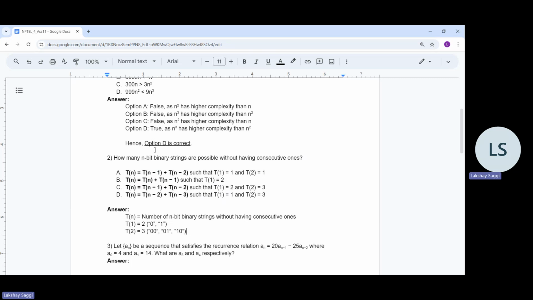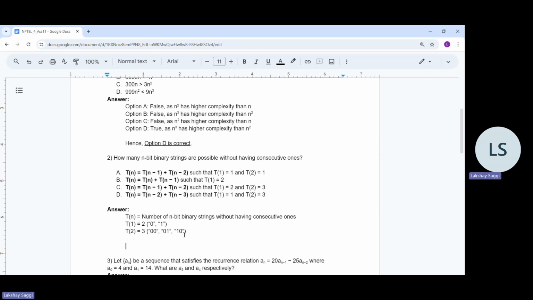How can we define this recursively? What we can do is denote the n-bit string as A1, A2, A3, up to AN, the n-bit binary string we are looking for, where all the AIs are 0 or 1.